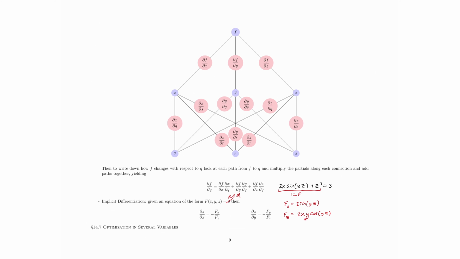We get this copy of y because the partial of this with respect to z is y, so we multiply by the derivative of the inside, plus 3z squared. So the rate of change of z with respect to x turns out to be negative 2 sine yz all over 2xy cosine yz plus 3z squared.